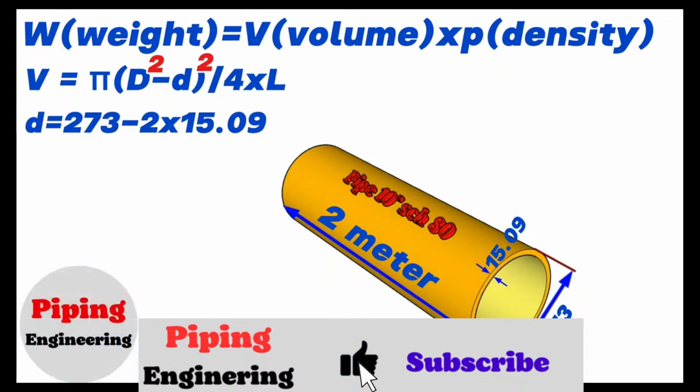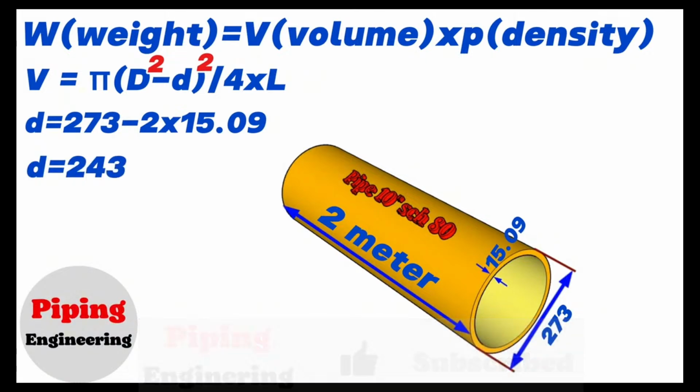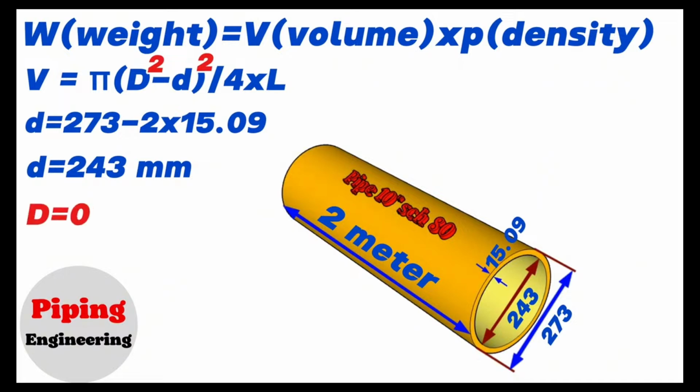So, we calculated and found that the inside diameter of the 10-inch schedule 80 pipe in our example will be equal to 243 millimeters. These dimensions should be converted to meters, because in the density charts of ferrous metals they use meters. Then, the outside diameter of the 10-inch pipe in our example is 0.273 meters and the inside diameter is 0.243 meters. We also know that the length of the pipe is 2 meters.